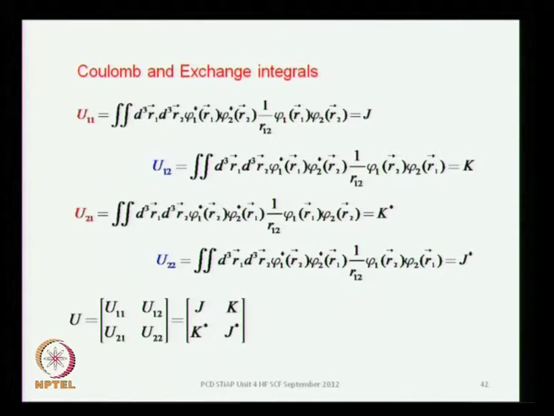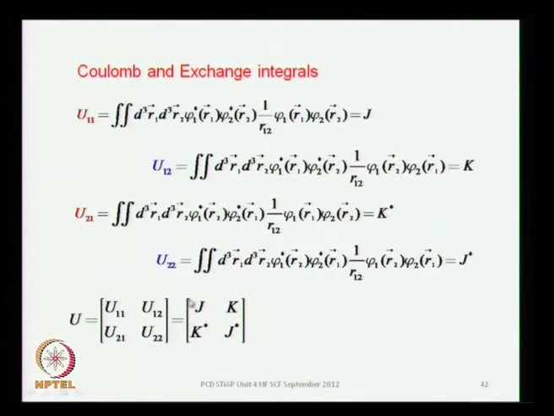K star, the complex conjugated, is the same thing as k, because integration is over dummy variables. R2 and R1 can be interchanged, those labels can be interchanged, there is nothing big about it. Whether you carry out integration over R1 or R2, it is the same. So, essentially you have got this matrix form of the Coulomb and exchange integrals, which is j k k star j star, which is the same thing as j, k, k and j, because k star is equal to k, j star is equal to j, both are real. Okay.